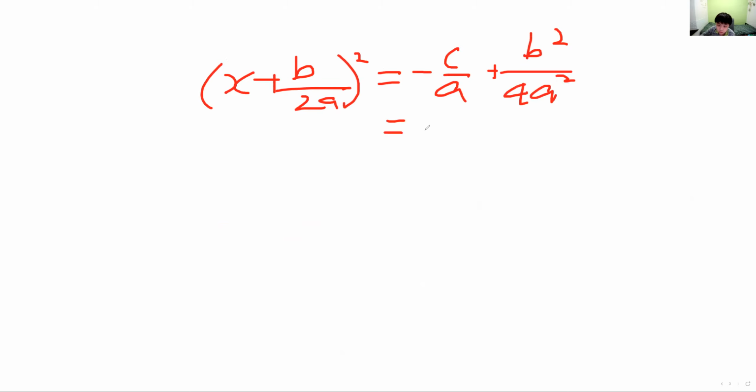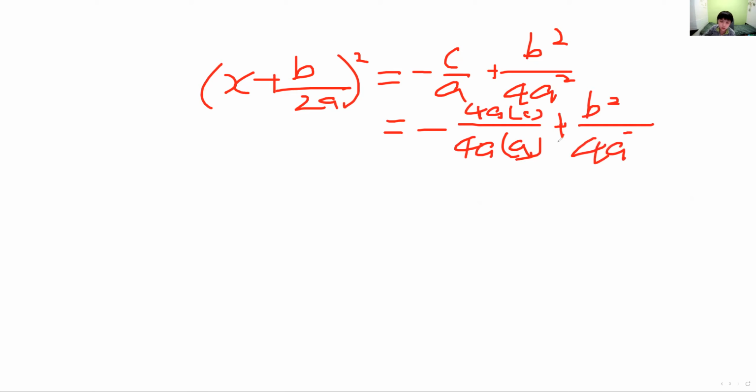So when we just make the denominator the same, we have to use 4a multiplied by a, and then 4a multiplied by c, plus b squared divided by 4a squared. And then the left hand side we just keep the same first. And then the equation will be like this.